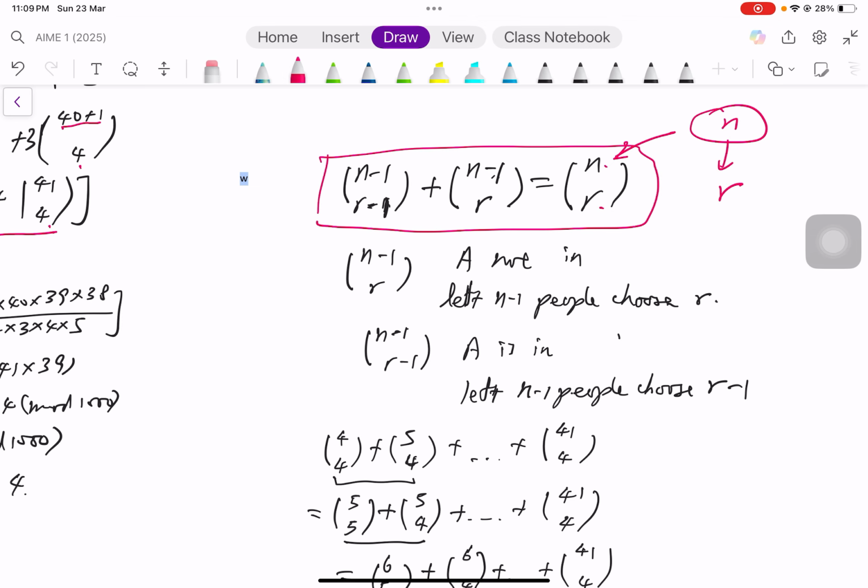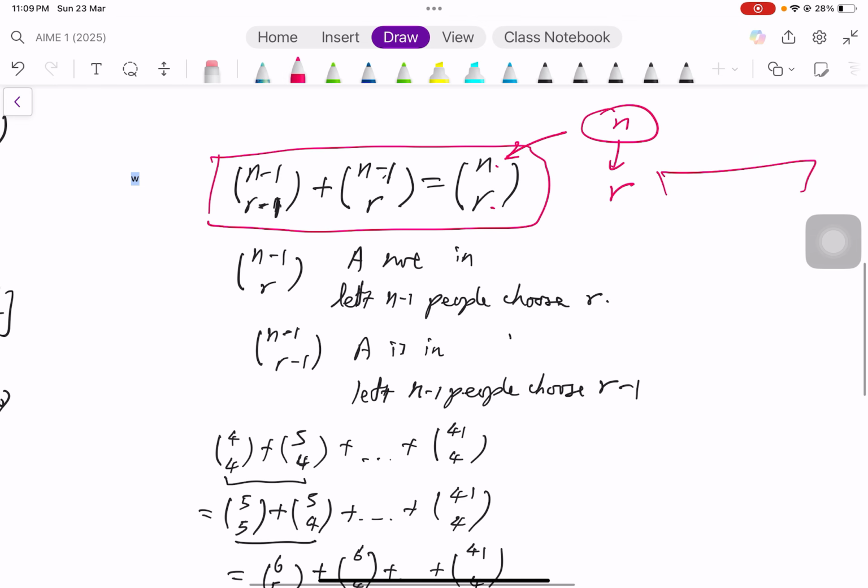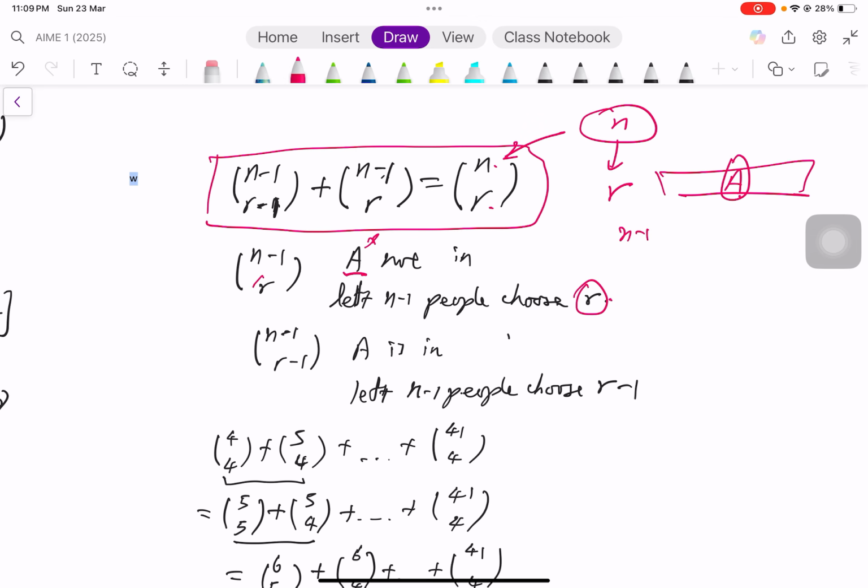In these n people, there's this particular person, I call it A. If A is not inside the chosen r people, then you are left with only n minus 1 people, and you have to choose r people. Therefore that will be (n minus 1)Cr.